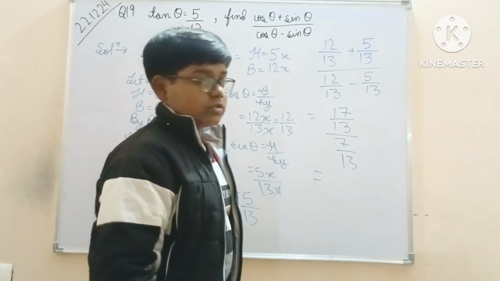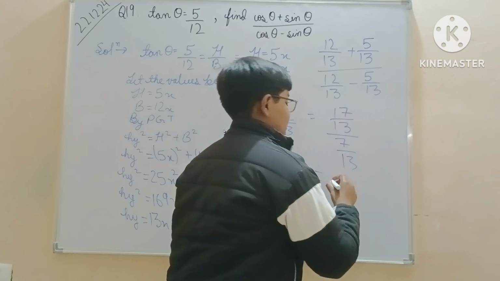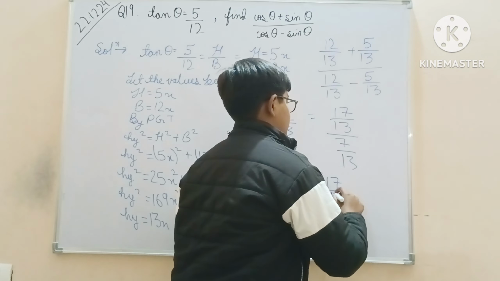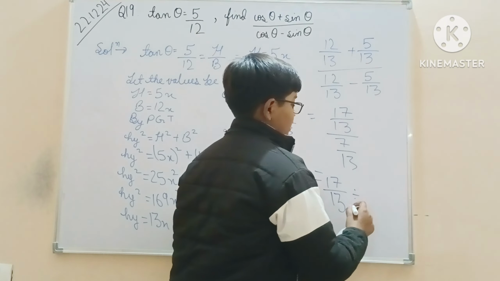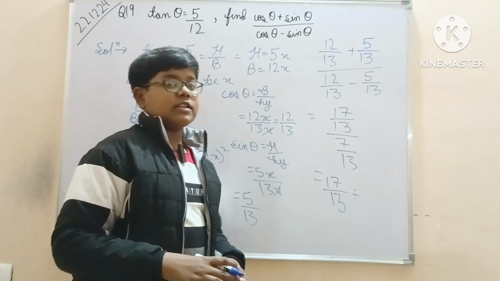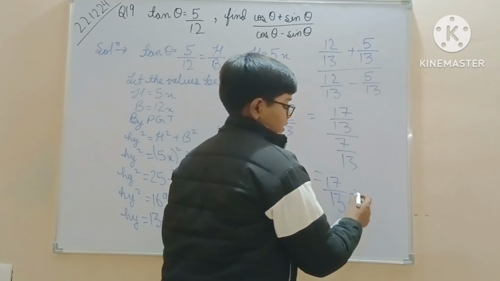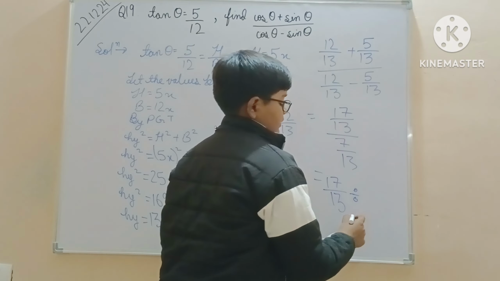Now in order to solve these fractions, we can write this whole as 17 divided by 13 divided by 7 divided by 13. This is the sign of division.